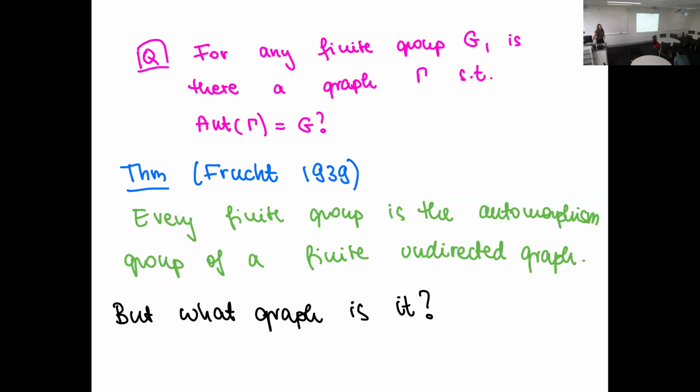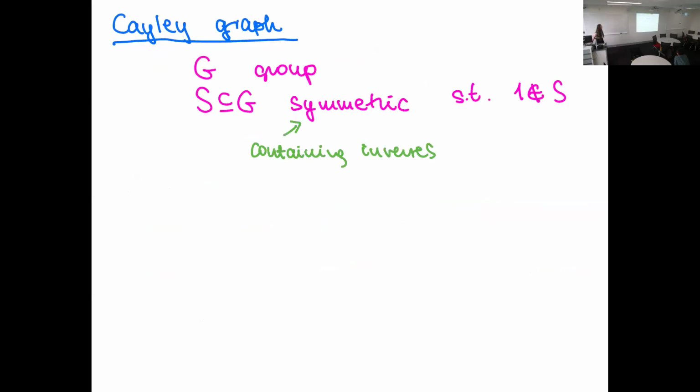And something that people might think of when they think about groups and graphs will be Cayley graphs. So if you have your group G, then you also have a subset of your group S, which doesn't need to be a subgroup. In fact, it cannot be because it will not contain the identity, but it will contain inverses.